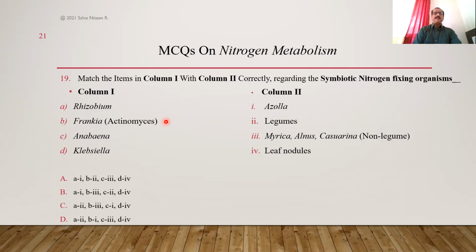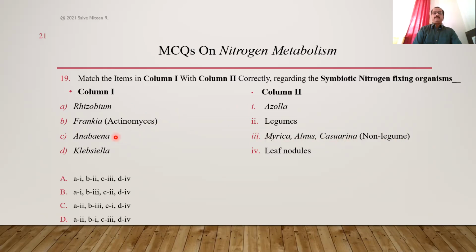These are included in bacteria, but they have a filamentous structure and are regarded as organisms intermediate between bacteria and fungi. So Frankia is a member of actinomycetes. It lives in symbiotic association with non-legume plants like Myrica, Ulmus, and Casuarina. These are called actinorhizal plants. So Rhizobium matches legume; Frankia, non-legume; Anabaena, just now studied.